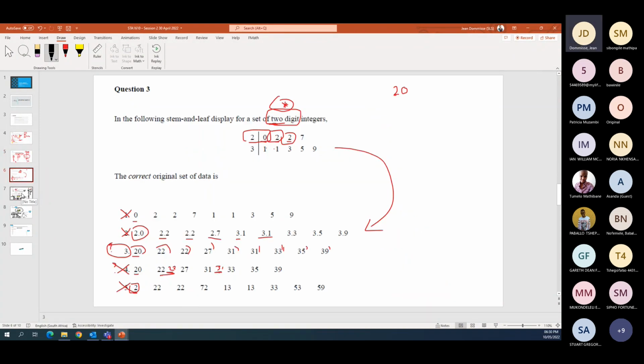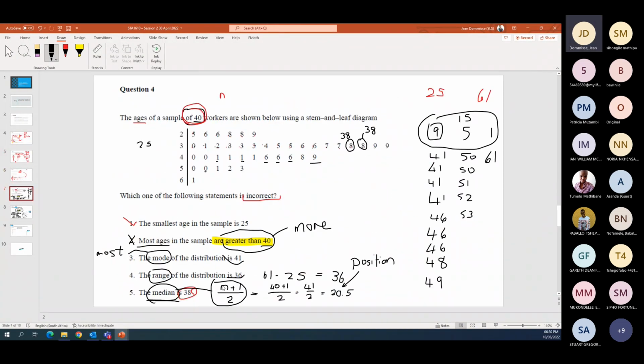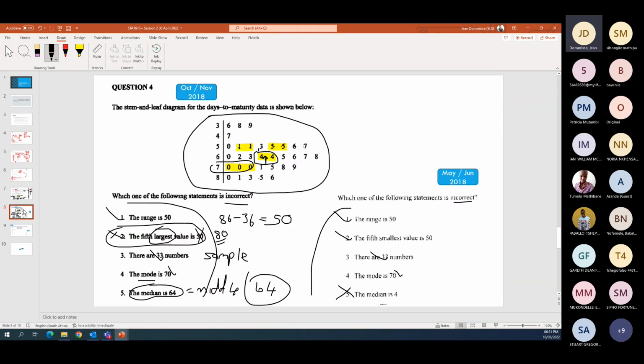But as we continued with the questions, it's nearly a combination of chapter 2 and chapter 3. Because in chapter 2, it's only the visualization of the data, but in chapter 3, it's all the data principles of mean, median, mode, variance, standard deviation. So at least we haven't done that in your stem and leaf.